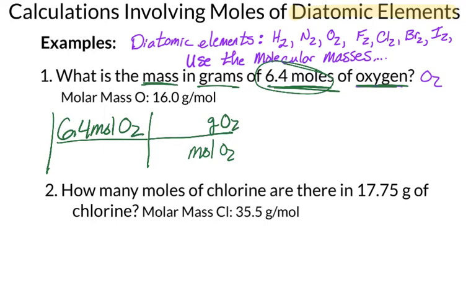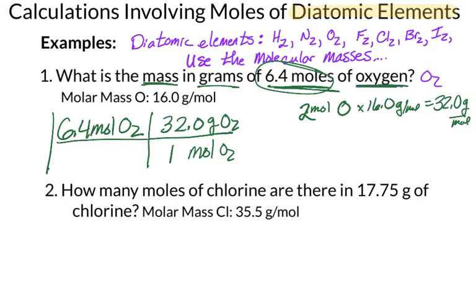And when we look at the periodic table, we see that the molar mass of oxygen is 16.0 grams per mole. But that is, again, for the oxygen atom, not for the oxygen molecule that we're looking for in this question. So we need to change that to the correct molar mass, the molar mass for O2, which is going to be double the molar mass for the oxygen atom. And so we see that that will be 32 grams per mole, and that's what we'll use in our equation.